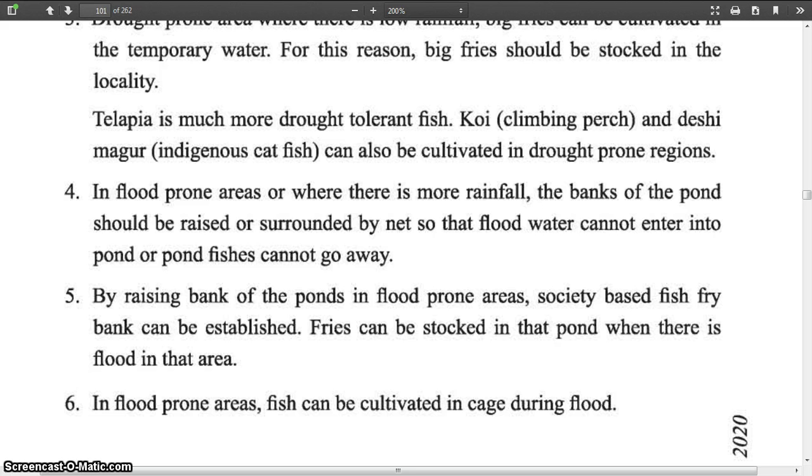If an area is highly attacked by flood and regularly we see flood in that area, we have to increase the height of the bank of the pond so that the fish cannot jump from the pond and move to another place during the flood situation.